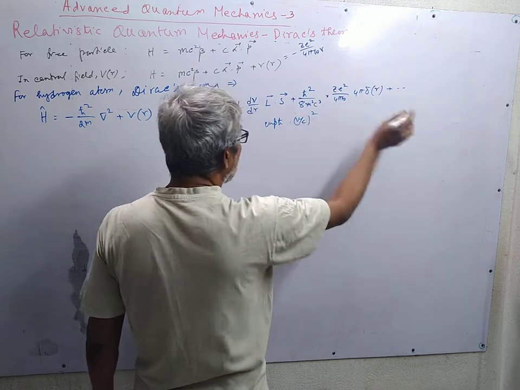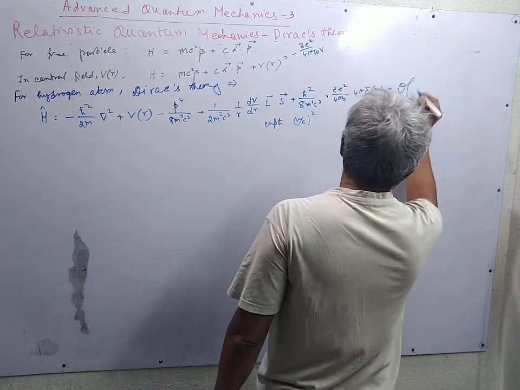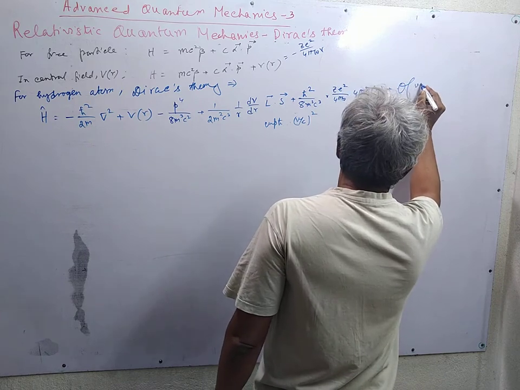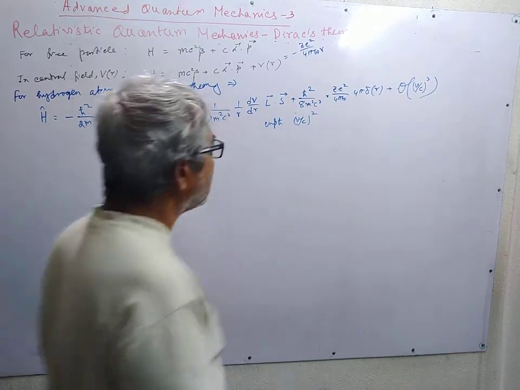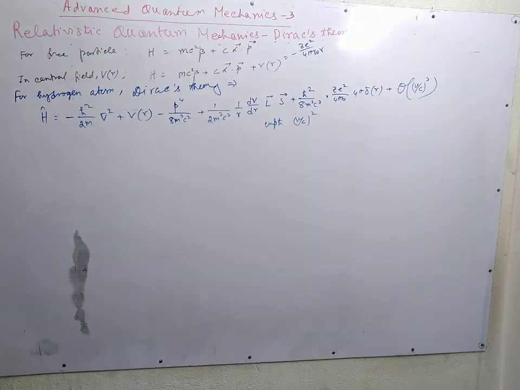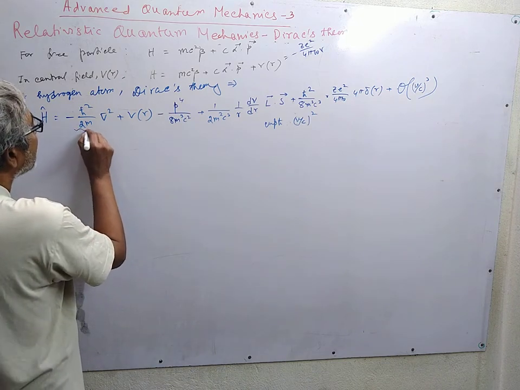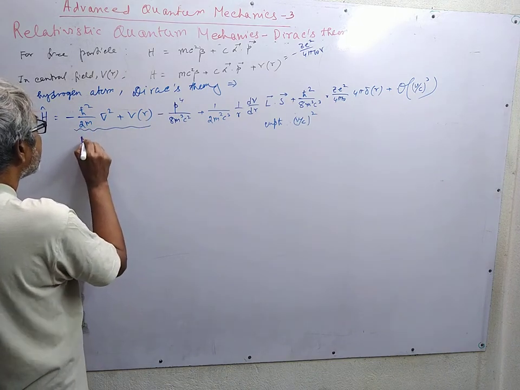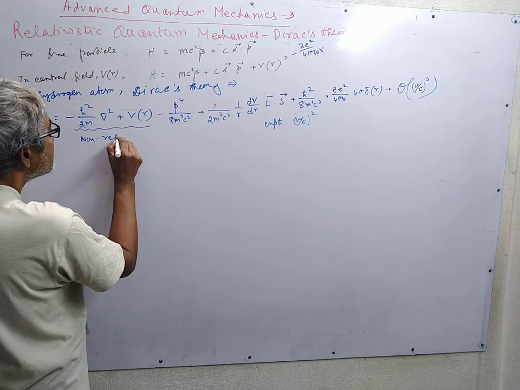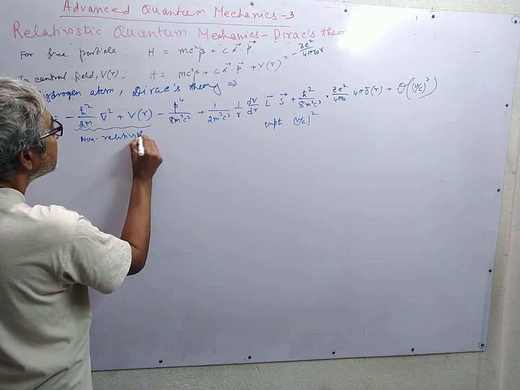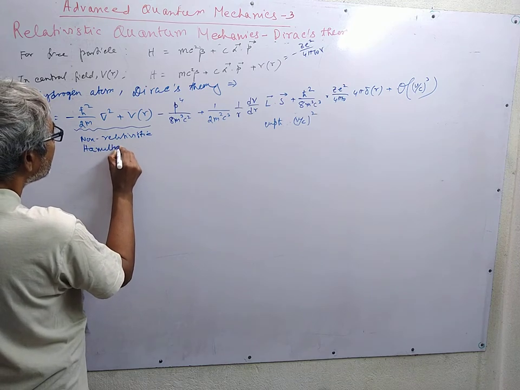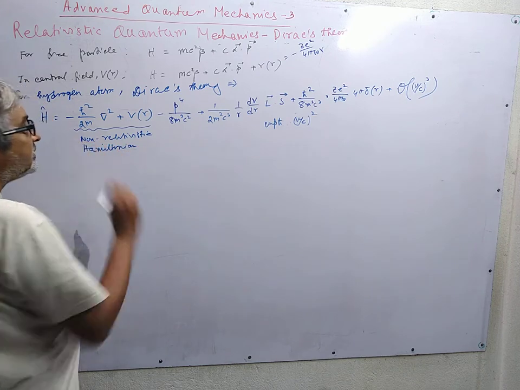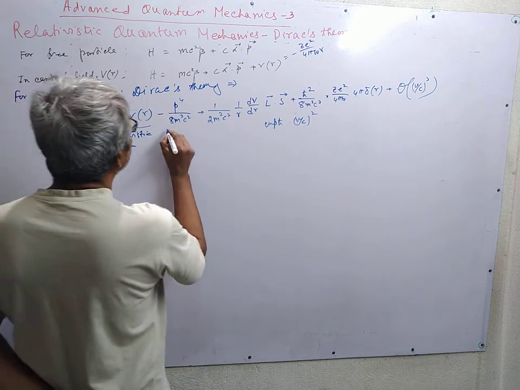It contains higher order terms than v by c to the power cube, which we are not considering. This is the non-relativistic Hamiltonian. This is the kinetic energy correction term.